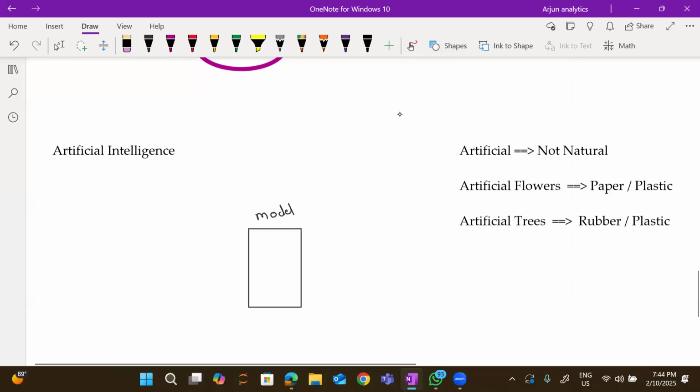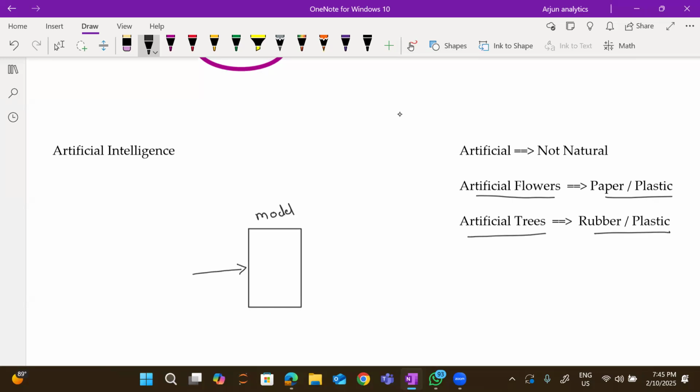Now, the million dollar question is, here we prepare artificial flowers. How? Paper or plastic. We prepare artificial trees. How? Using rubber or plastic. Now, how are you going to give the artificial intelligence? What is artificial intelligence? You got it. We are going to have a machine, and to that machine, we are going to give the intelligence.